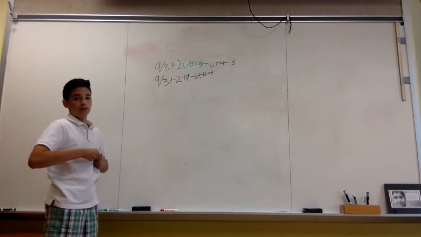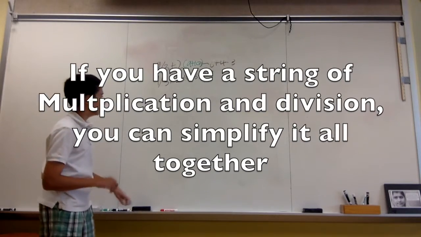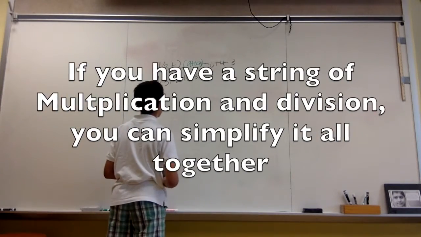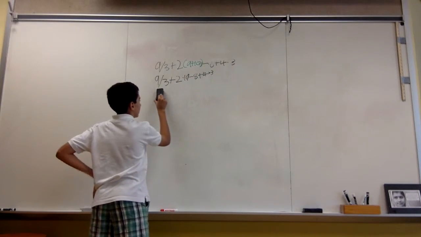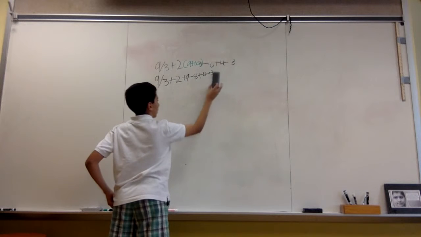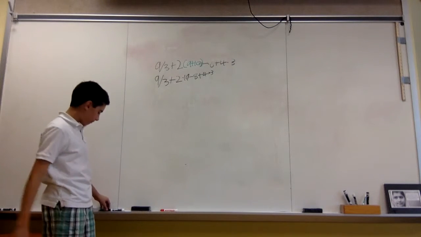Now, in this problem, we don't have any exponents, so we don't need to worry about that. What's next is multiplication and division. We have division right here, we have multiplication here, and we have more multiplication here. So we can start out with any one of them.